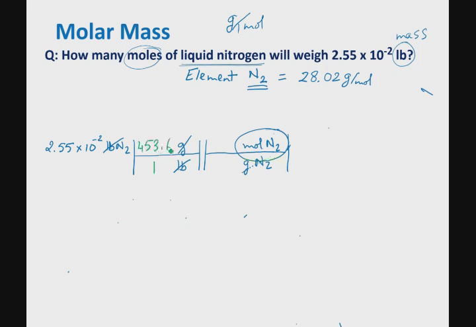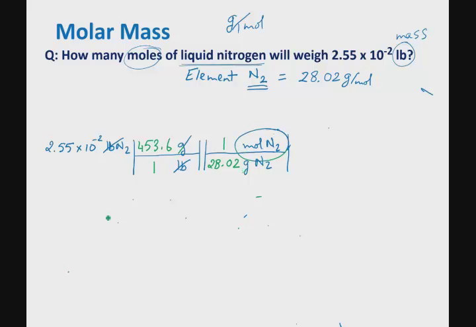If you put in the numbers now at this stage, we know that 1 pound equals 453.6 grams. You were not asked to memorize this equation. This will be given to you in case you need it. But you do need to know that the molar mass means that 1 mole of nitrogen equals 28.02 grams of nitrogen.